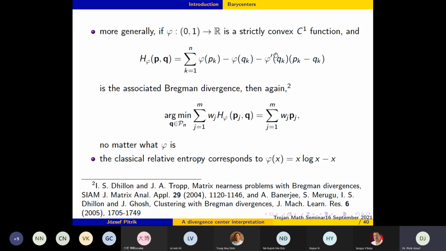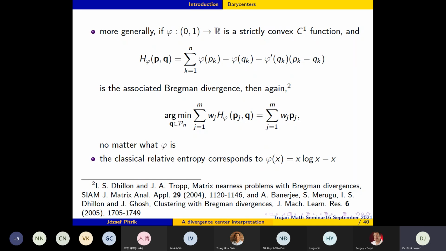And we can solve the optimization problem with respect to this Bregman divergence, and we get the same result: the weighted arithmetic mean of the probability vectors p_j is the solution of this equation.